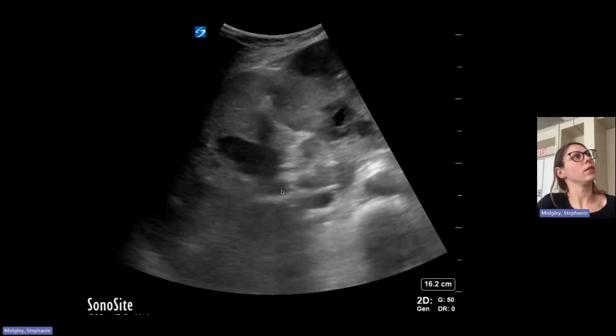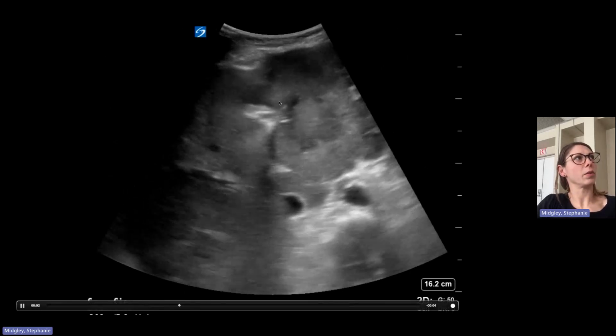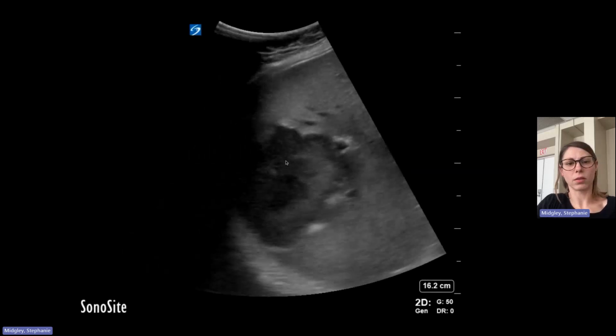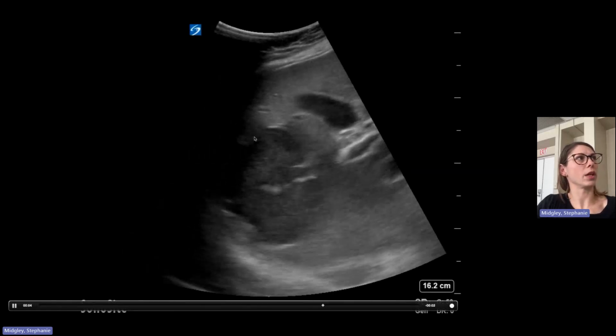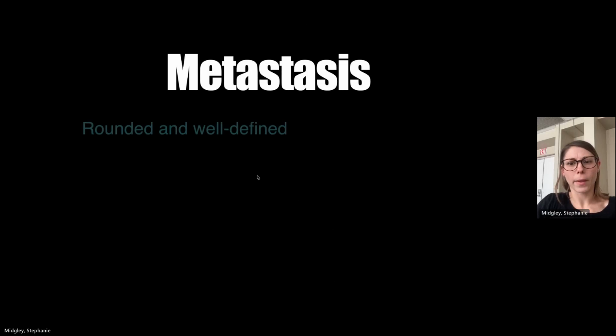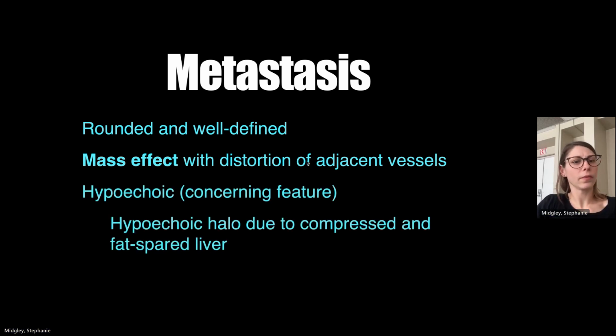These are more just liver Mets. I think this was a patient who had lung cancer, whose liver was essentially just replaced with cancer, or breast. I forget what her cancer was, but again, just big giant Mets. All right. So sometimes they're going to be rounded, well-defined. The big thing is you're going to get mass effect, and there's going to be distortion of the surrounding vasculature and tissue.